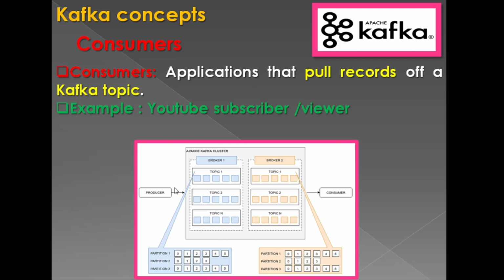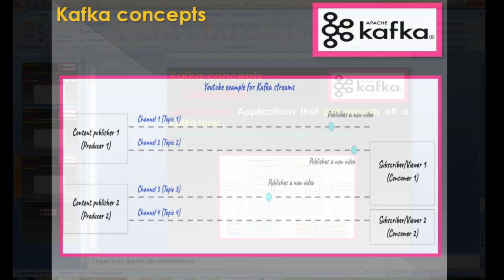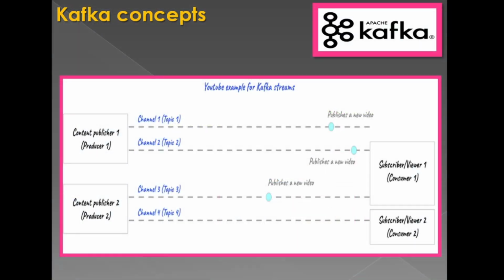Now I give you another example to understand this architecture more. As an example of the Kafka framework, here is a YouTube example for Kafka stream. In this example we have producer number 1 and producer number 2, the content publishers as producers.